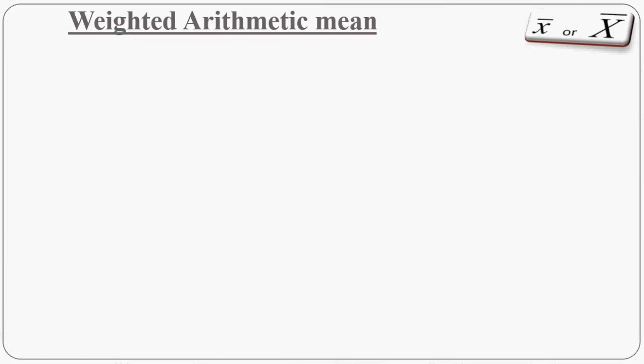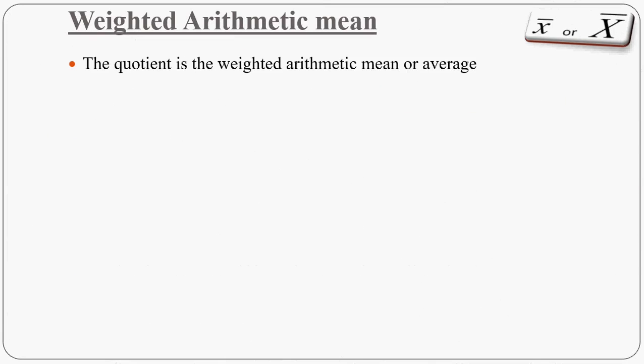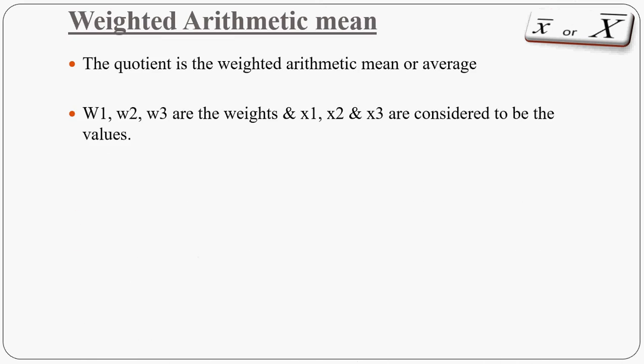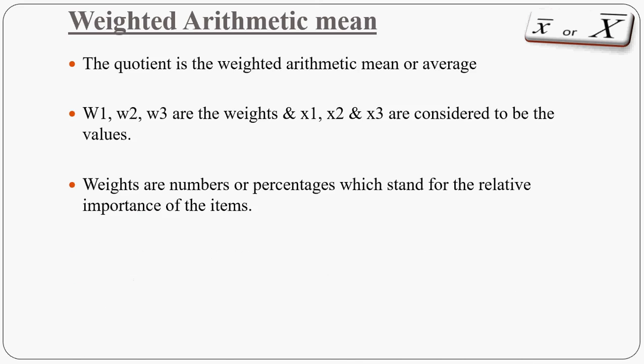Now, let us understand what is weighted arithmetic mean. Here, the quotient is the weighted arithmetic mean or average. So how do we calculate here? We calculate the weights by taking W1, W2, etc. And X1, X2 are considered to be the values. So weights are numbers or percentages which stand for the relative importance of the items.